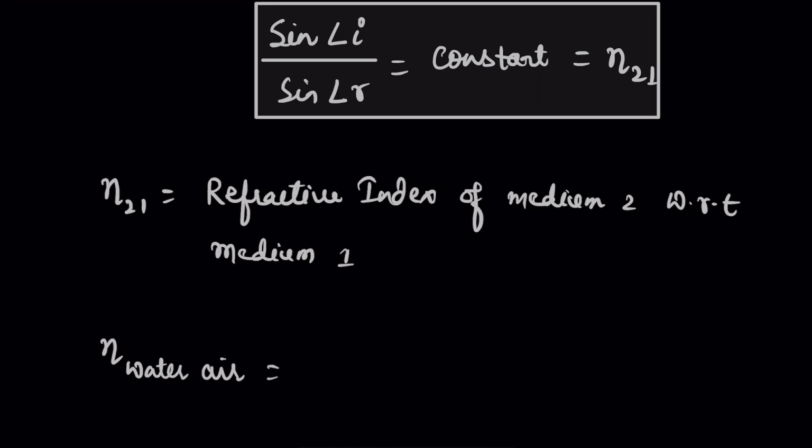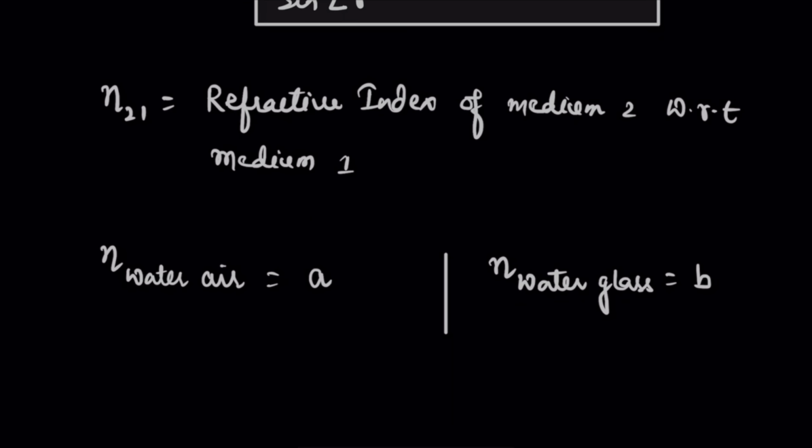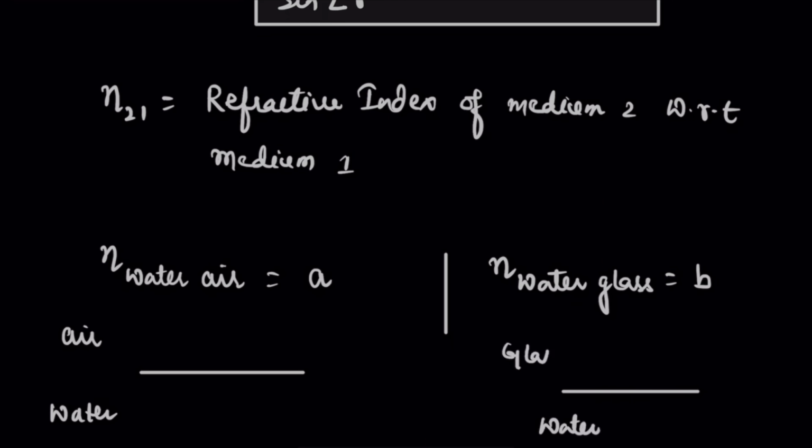It means that if we are taking the refractive index of water with respect to air, it has a different value. Suppose it is A. Similarly, the refractive index of water with respect to glass will have a different value. So if one medium is water and another medium is air, or if one medium is water and another is glass, what will happen if an incident ray passes from air to water?